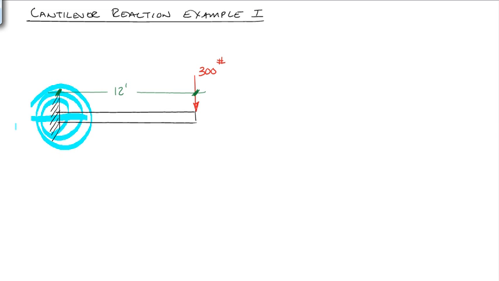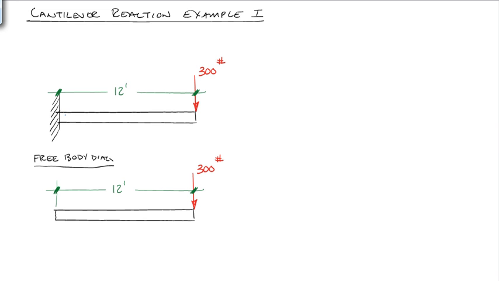Okay? So the first thing we need to do in this case is draw the free body diagram of the cantilever showing the reactions instead of the support. So below here we have the free body diagram. Again, a free body diagram shows all external forces and all geometry on the structure. Because we're not able to move vertically, we get a vertical reaction, call it RV.